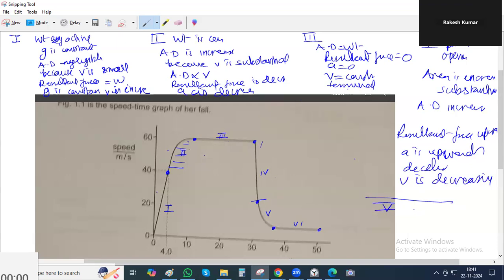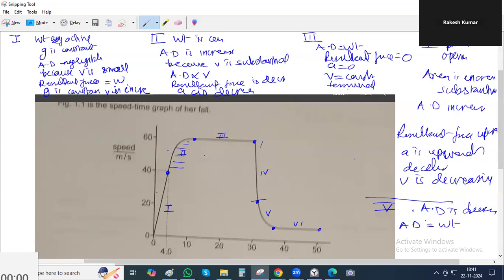Now come to the fifth part. Now the velocity has decreased, and now the air drag is decreasing because the velocity is also decreasing after the acceleration has suddenly fallen, and it is gradually becoming equal to the weight.